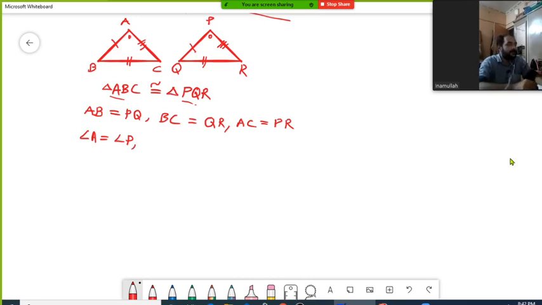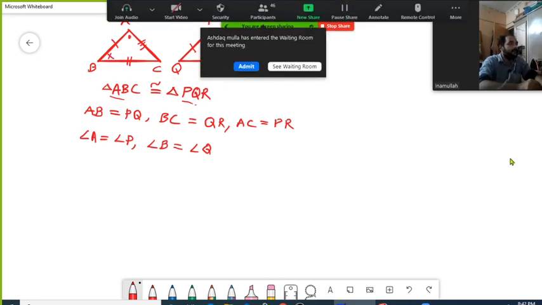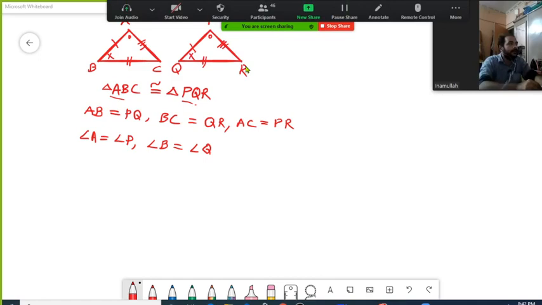Besides, angle B is equal to angle Q. They will be equal.